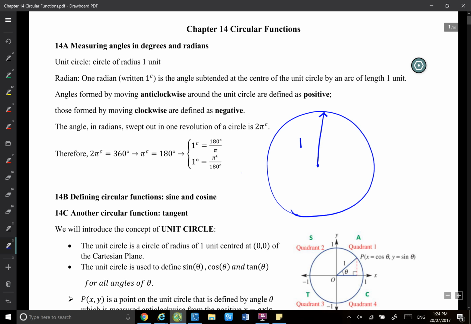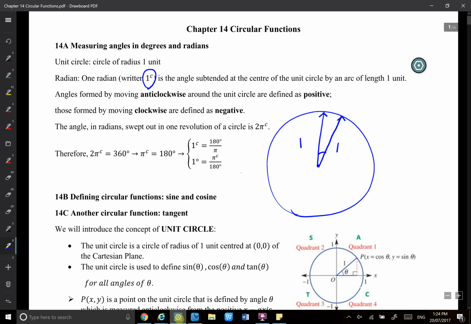And what is radian? 1 radian, we write as 1 with a small c at the top corner. How large is 1 radian? It is the angle subtended at the center of the unit circle by an arc of length 1 unit. It's quite a long sentence, so what does that mean? That's a unit circle, and we have an angle here.